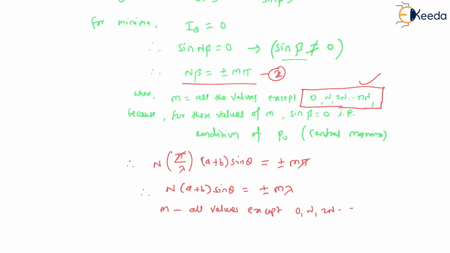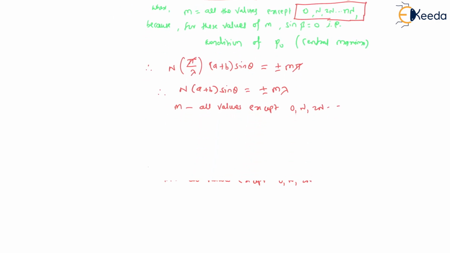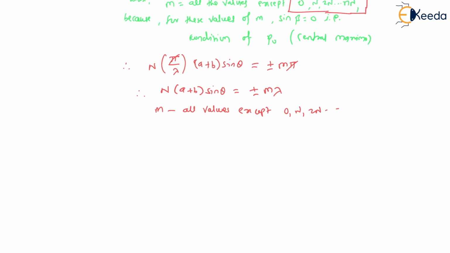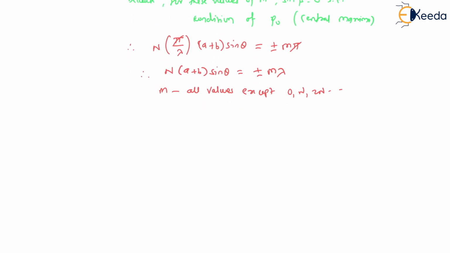So this is all about Fraunhofer's diffraction for n number of parallel as well as equidistant slits, or we can say that is the concept of grating diffraction. Now we can note some important observations.